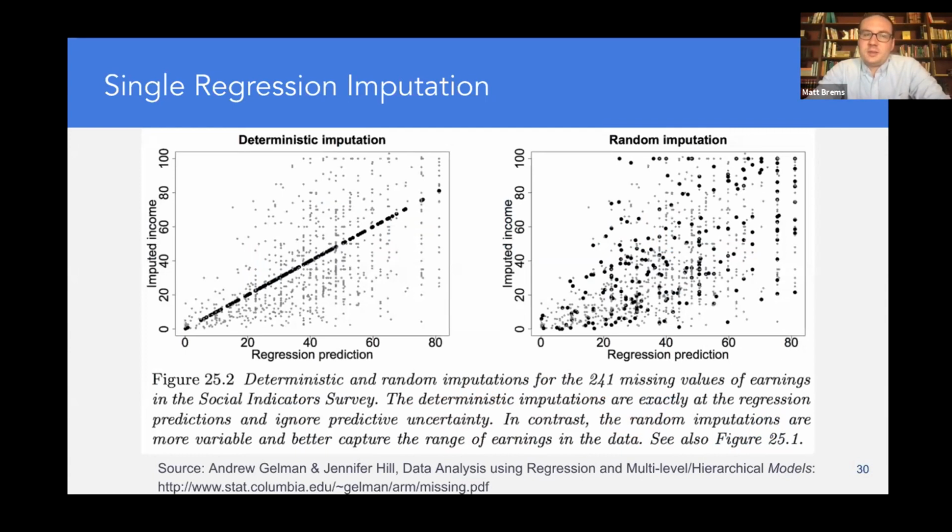Here, what you see on the left-hand side, you're seeing what is known as deterministic imputation, and that's exactly what we described. If I created a line of best fit and filled in those values, all of those values would be exactly on that line. It's deterministic. However, we can better model the spread, better model the variability in our data by adding in randomness to that.